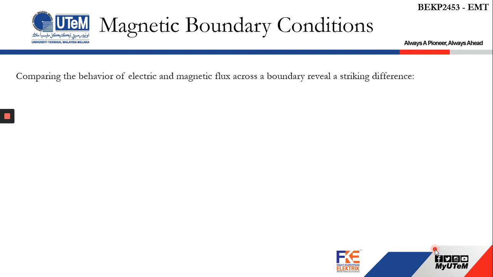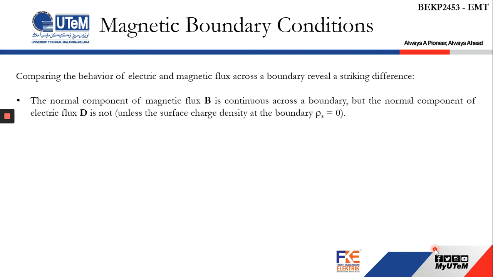Comparing the behavior of electric and magnetic flux across a boundary reveals a striking difference. The normal component of magnetic flux, the 90 degrees component, is continuous across a boundary, but the normal component of electric flux is not, unless there is no surface charge at the boundary.